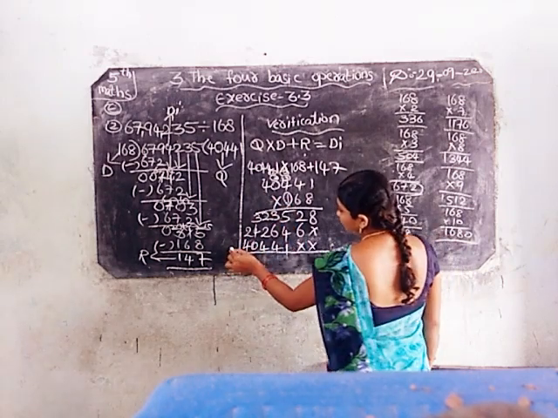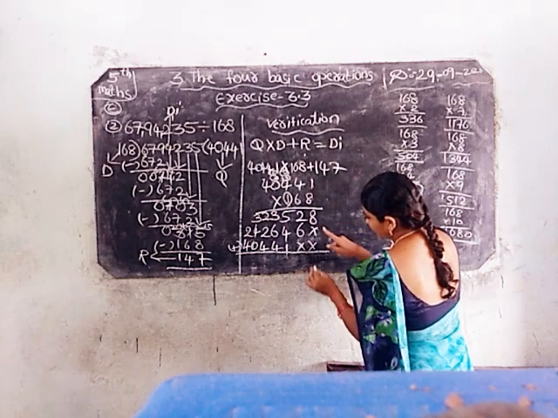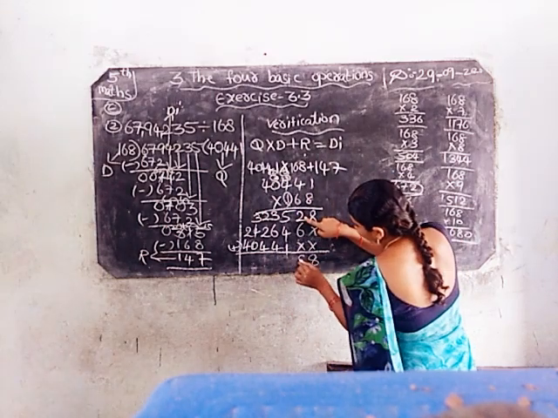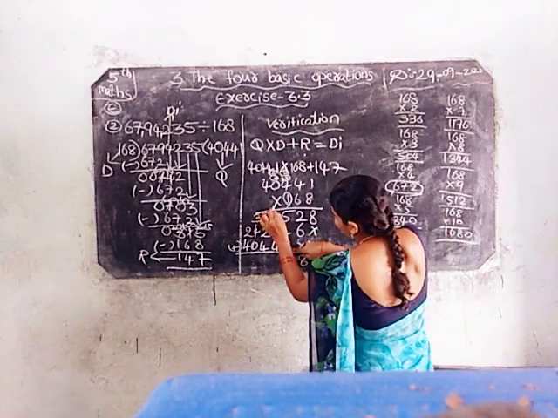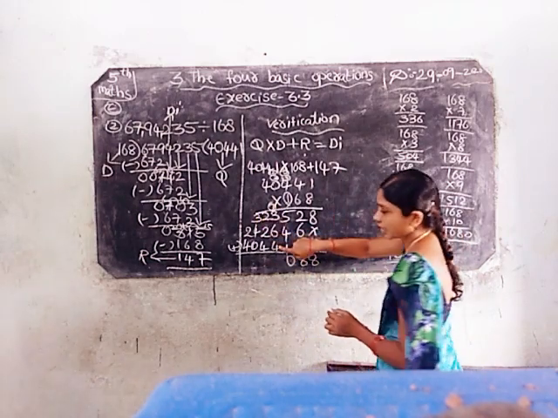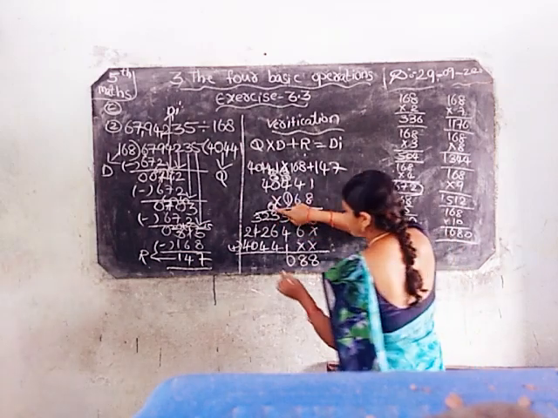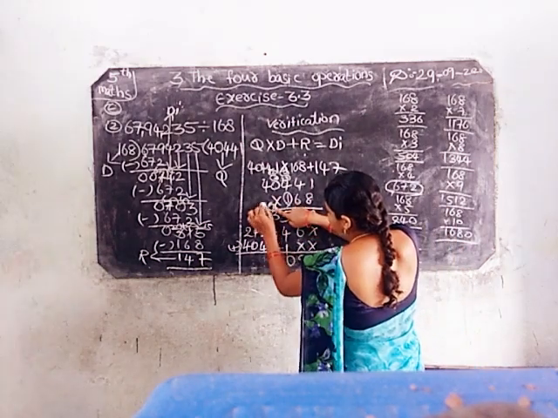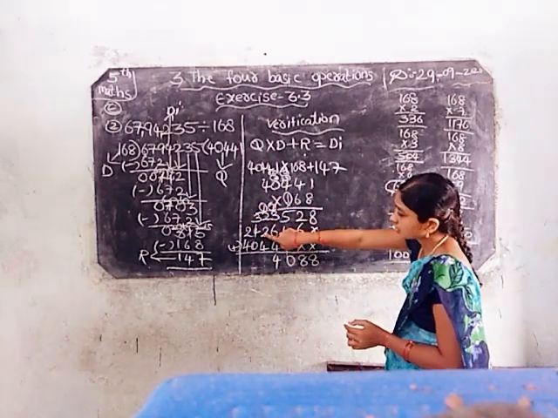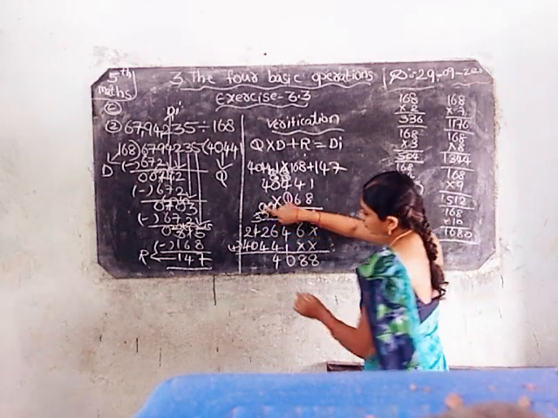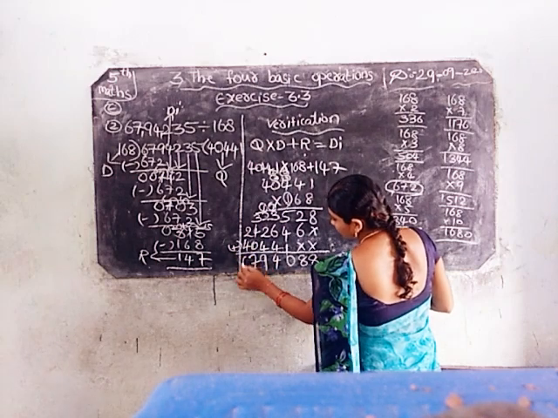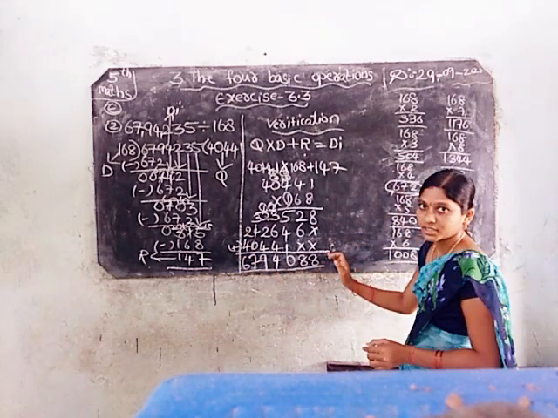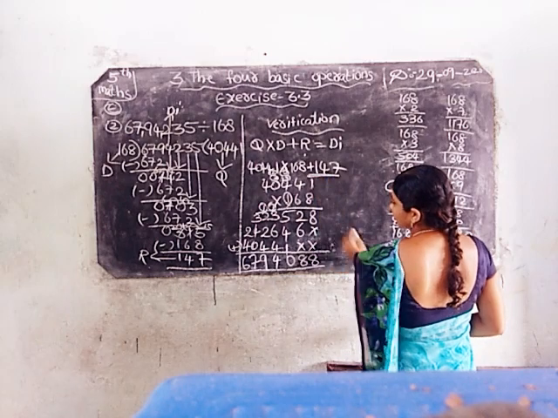Now addition: 8, 6 plus 2 is 8, 5 plus 4 is 9, and so on. Multiplication completed, and we have plus 147 here.